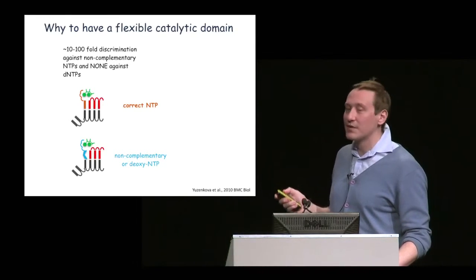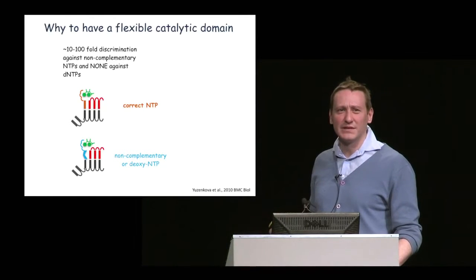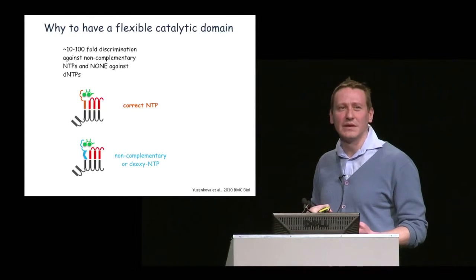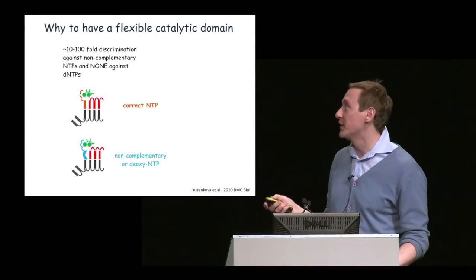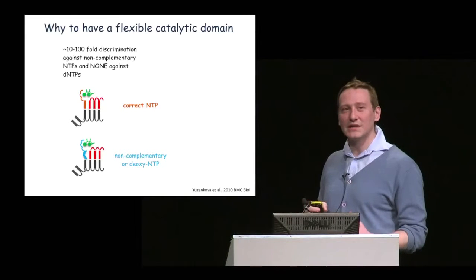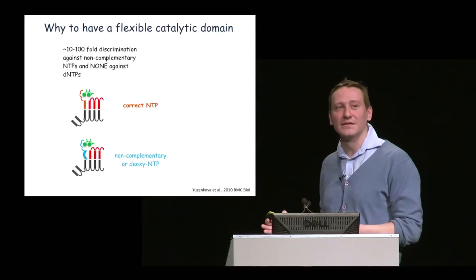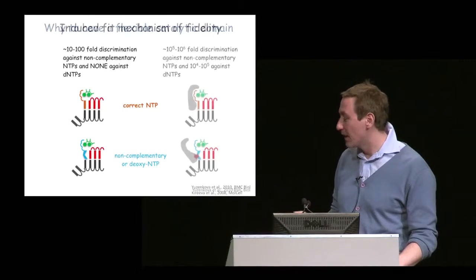And this sort of discrimination you would expect from just differences in base pairing between the nucleotides. So Watson-Crick base pairing against non-Watson-Crick base pairing, meaning that the motionless active center doesn't add anything to the fidelity of transcription.